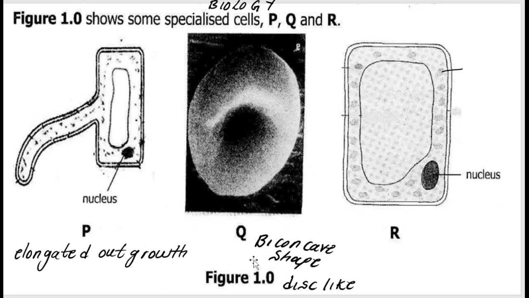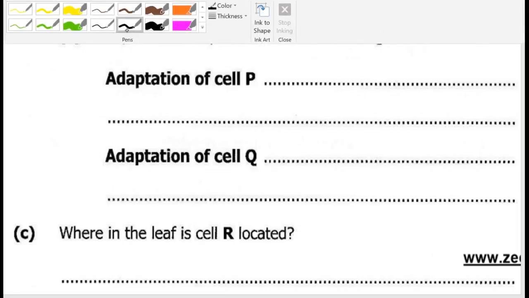This one here is biconcave in shape or disc-like, which makes it able to squeeze or to move. It also has what we call hemoglobin, which combines with the oxygen in order for oxygen to be transported. Okay, so let me put what I've just said.